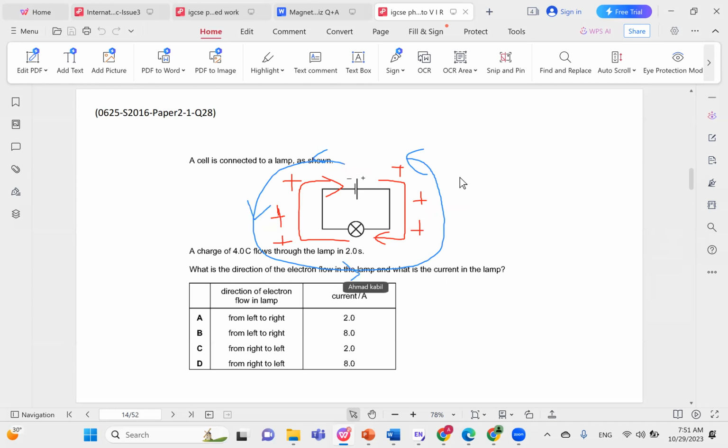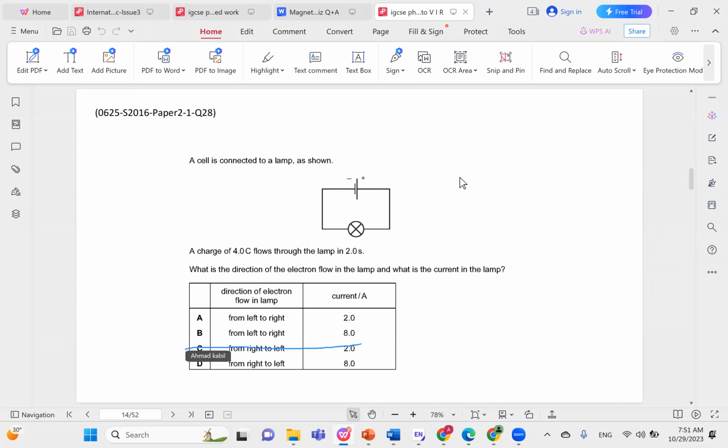The red is what we assume happens to make life easier during calculations. The red is called conventional current. So for the purpose of this question, the direction of electron flow is from left to right. So C and D can be crossed out as incorrect. They go from left to right, from negative to positive.